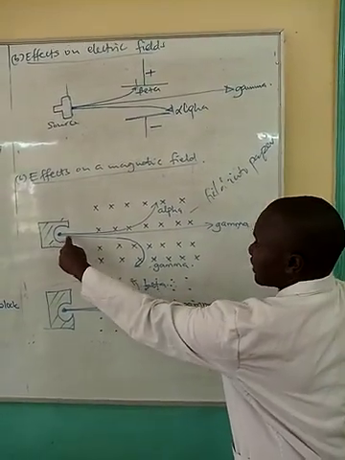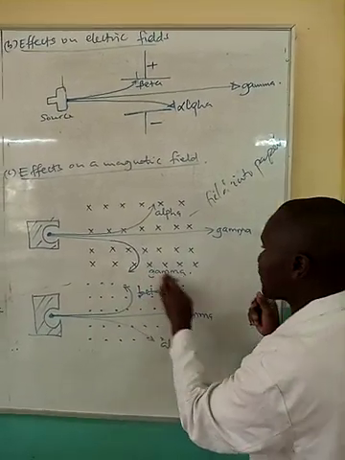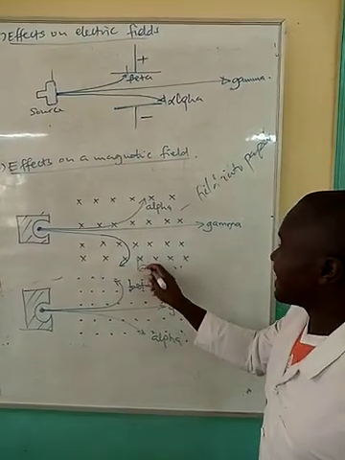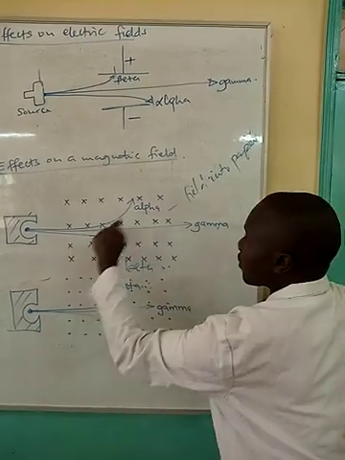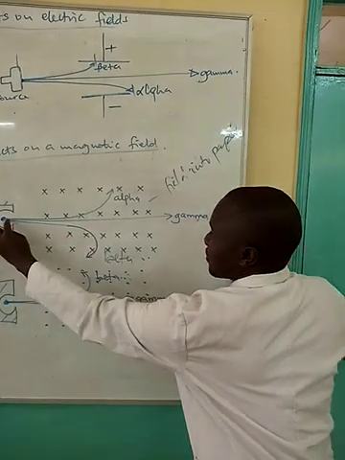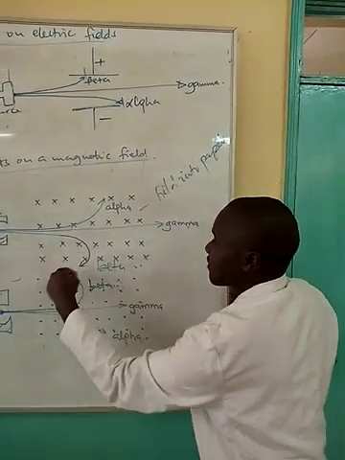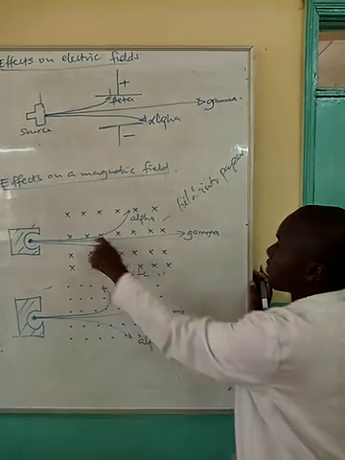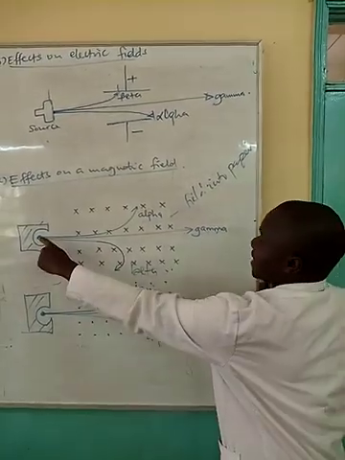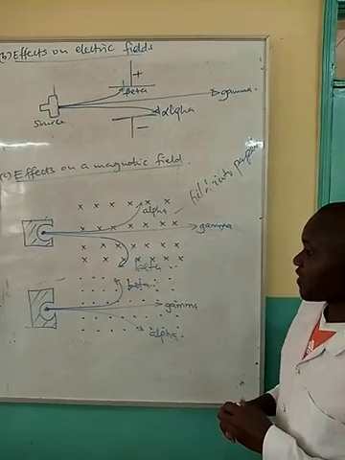And you look at that path, you are seeing alpha, this beta. Beta is deviating more compared to alpha. When you look at that curve and compare it with this curve, you realize that beta is curving more, deviating more compared to alpha.